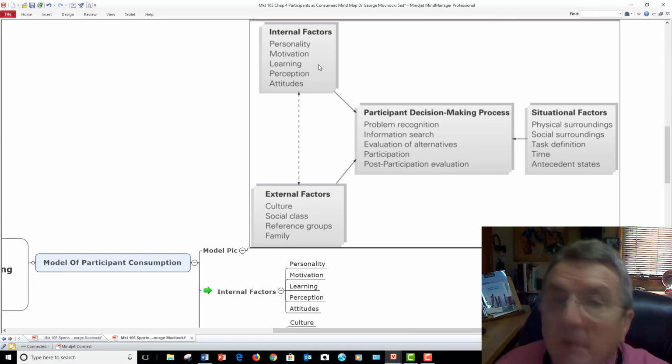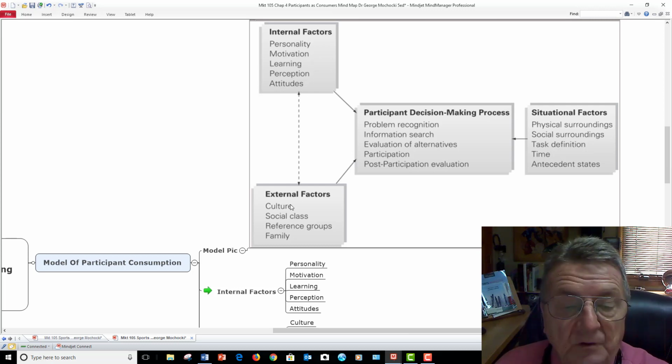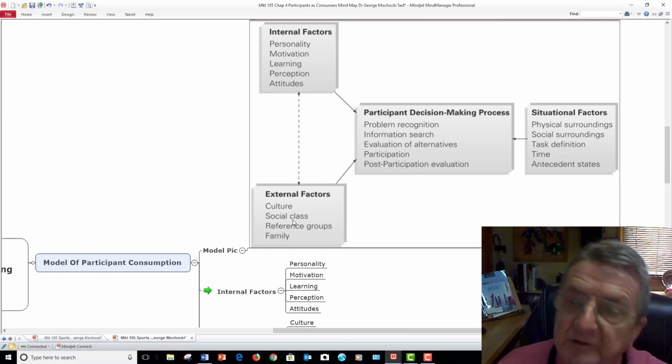Okay, internal factors: my own personality, my motivation, learning, perceptions, and attitudes towards sports. External, the culture. Certain cultures outside the U.S., soccer is the number one. It's like football here or baseball in the U.S. Social class, different classes of individuals.